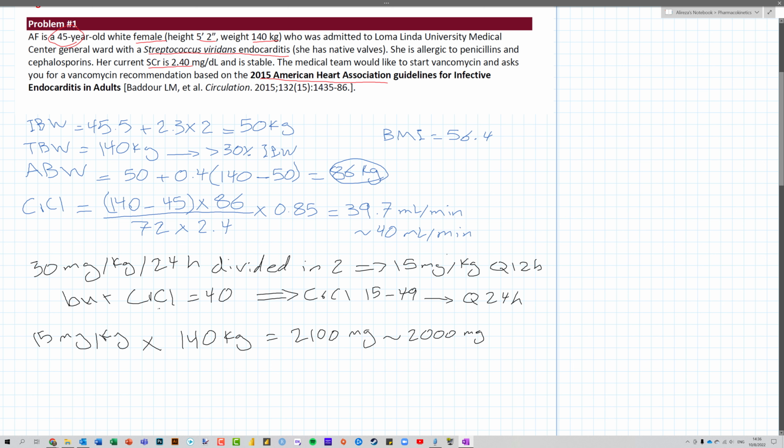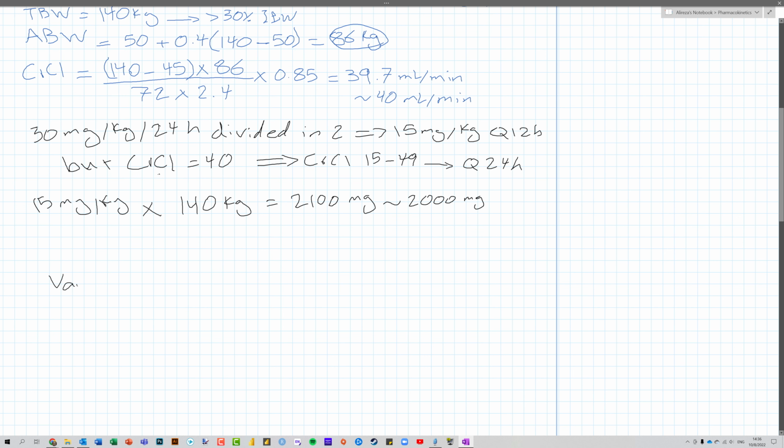So the final recommendation for this patient would be vancomycin, 2 grams IV every 24 hours, infused over at least 2 hours because it's 2 grams, starting immediately.